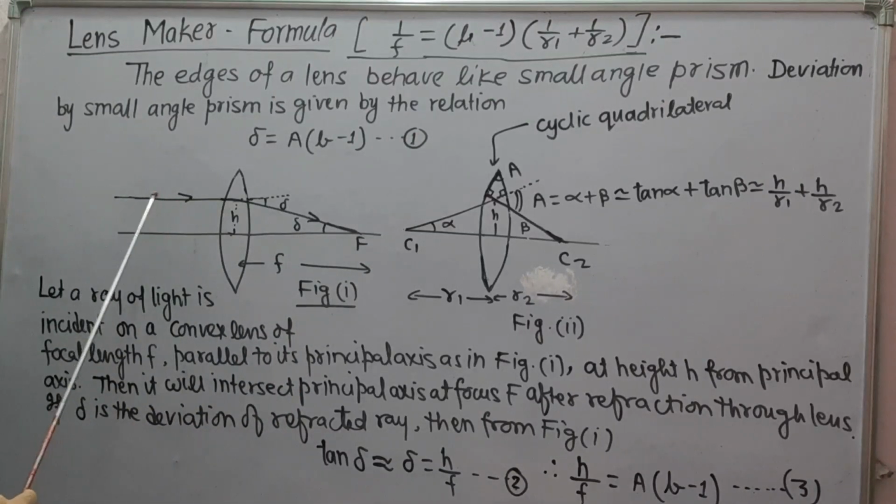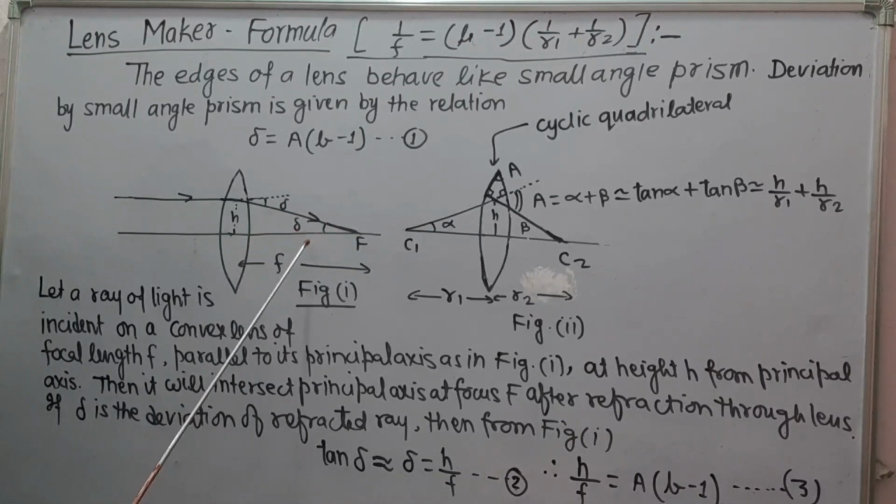When a ray parallel to the principal axis is incident on a thin convex lens of focal length F at height h from the principal axis, then as shown in this figure, the ray will go through the focus after refraction through the lens. If delta is the deviation of the ray, then this angle delta will be equal to the opposite angle delta here.